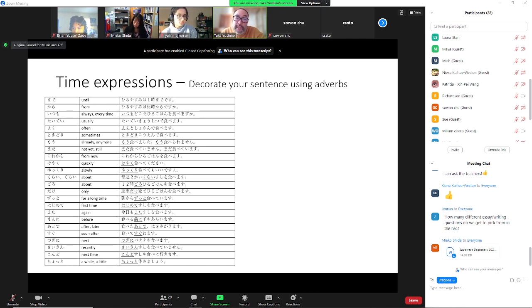Please take a screen cap or take a photo. Have this table ready and try to answer a question like what time do you wake up? Try to use as many of them as possible, then it's going to be a really, really good answer. So decorate your answer using these time-related expressions.